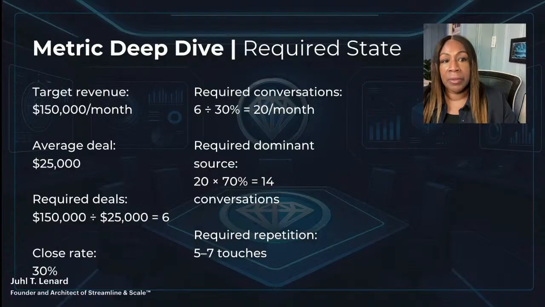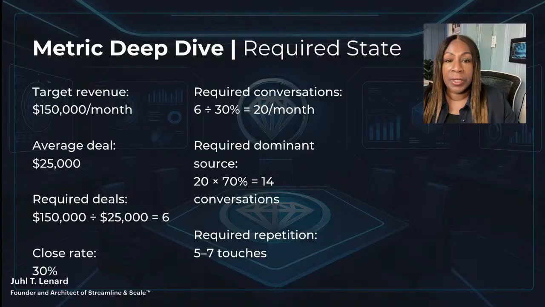So we've got this target revenue, and our deal size tells us that we need 6 deals a month. So at a 30% close rate, if we need 6 deals a month, we need on average 20 conversations a month. So if we need 20 conversations a month, we want 70% of our volume to produce those conversations.